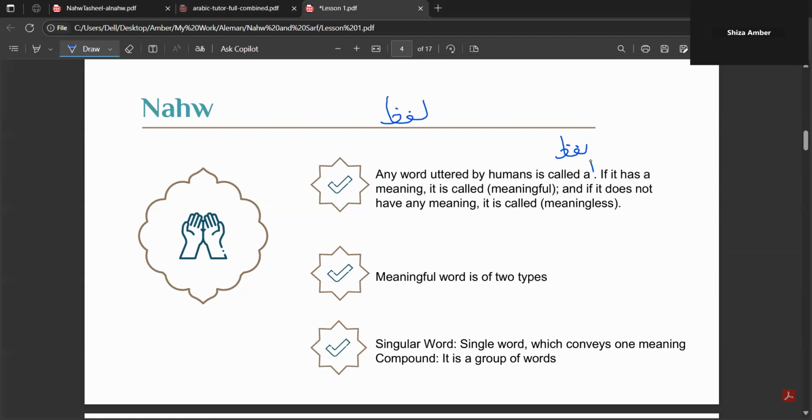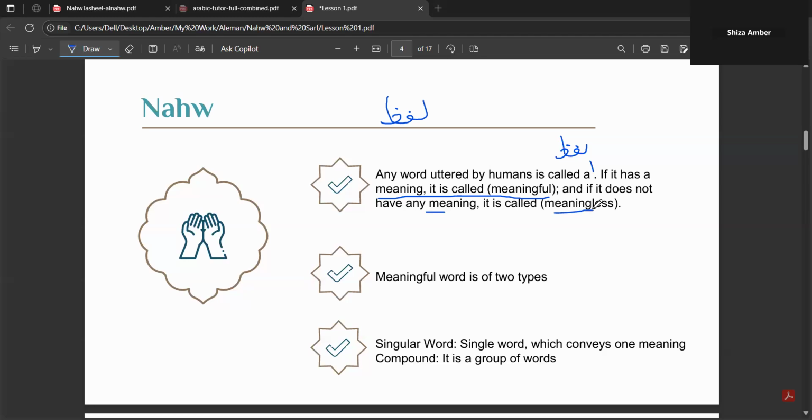And there are two categories of lafz. If it has a meaning, it is called a meaningful lafz, such as when I say table. Table has a meaning, and book has a meaning. The other category is if it does not have any meaning, it is called meaningless.